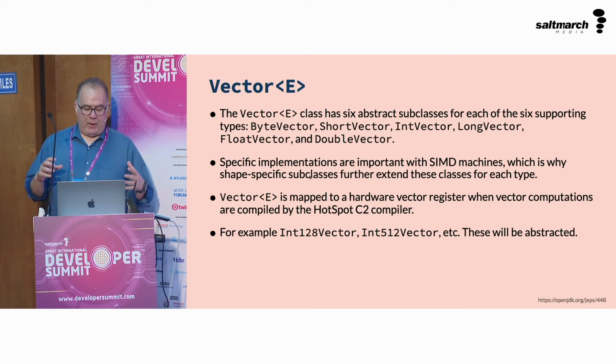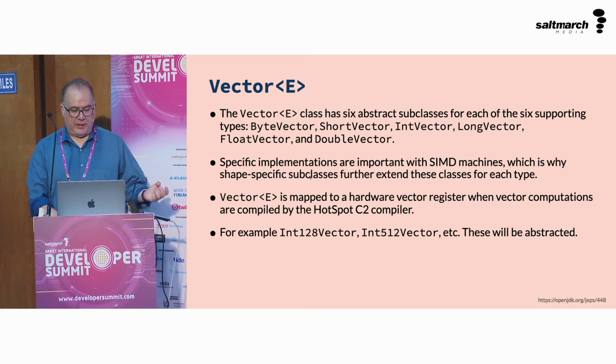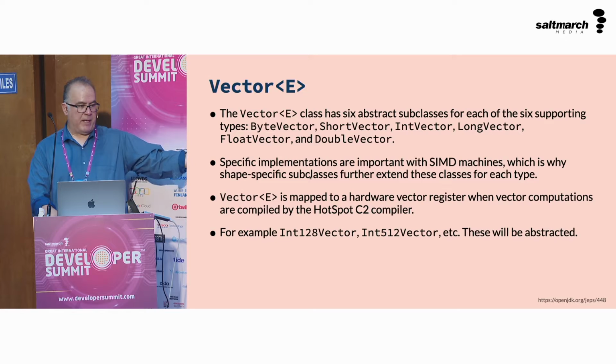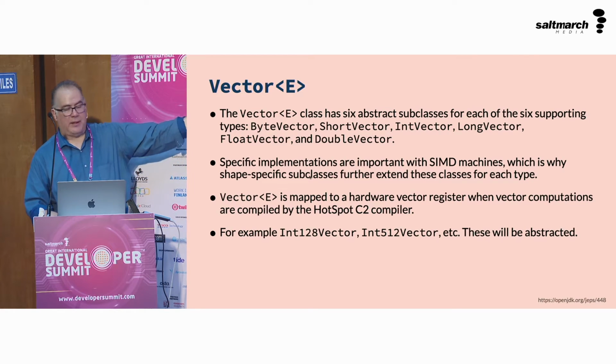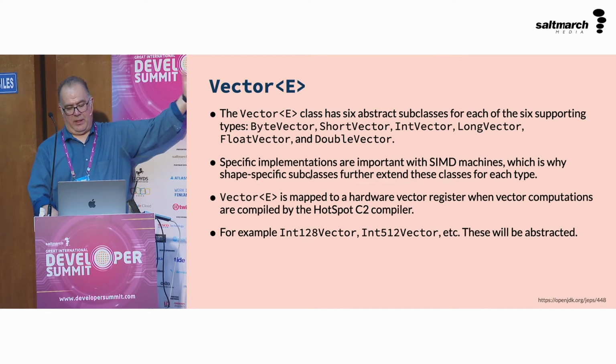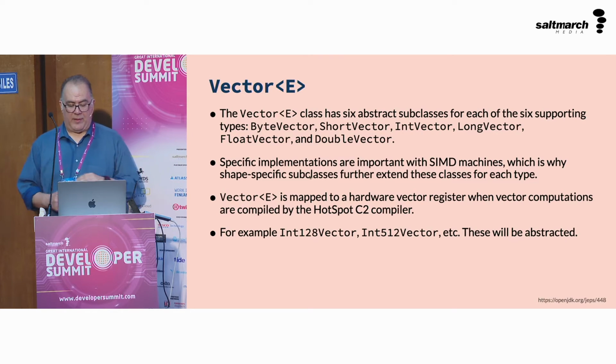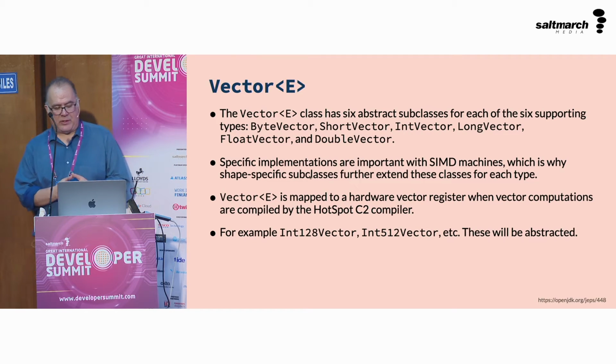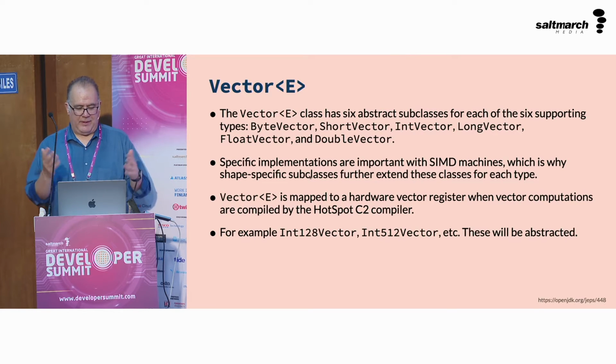Now, when you say you want a vector from a particular species, what's going to happen behind the scenes is that you're going to be dealing with this type here called Vector E. And E, of course, is the generic term for the type of elements that you're dealing with in that vector. So you'll have a byte vector, a short vector, int vector, long vector, etc. This is going to be based on the SIMD machine itself.